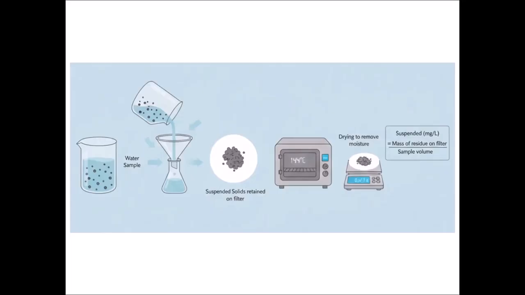It is important to note that some colloidal particles may pass through the filter and will be counted as part of dissolved solids. On the other hand, some dissolved solids may stick to the filter material. The outcome of the test depends on the size and nature of the solids, as well as the pore size and surface characteristics of the filter.